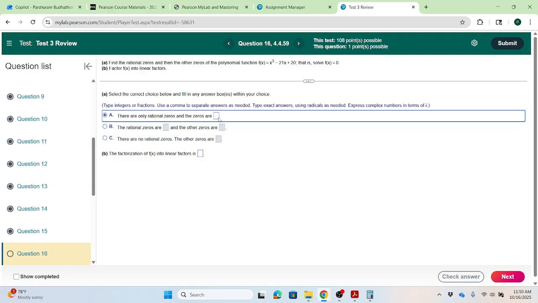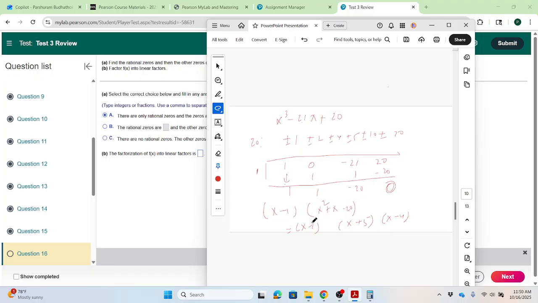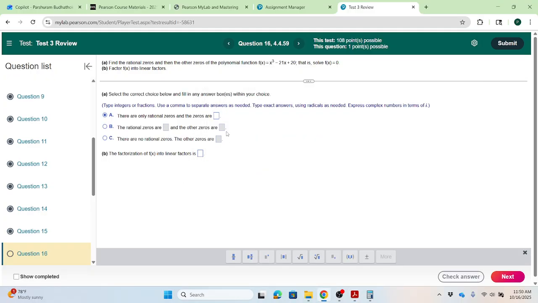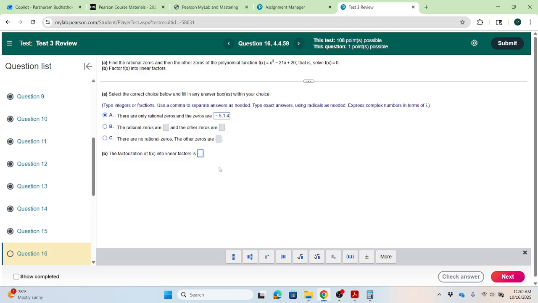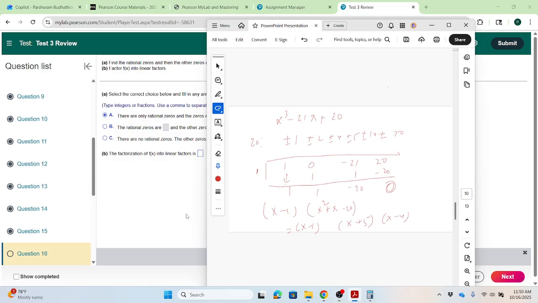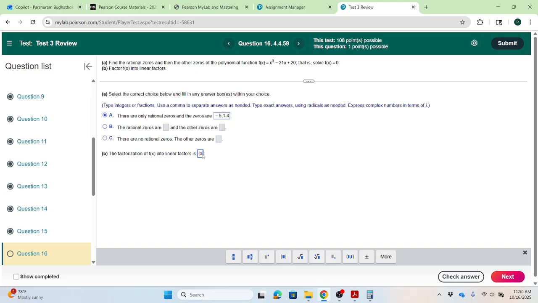There are only rational zeros, and they are these 3: negative 5, positive 1 and positive 4. Yes, these are the 3 zeros. And then the factorization of f of x, which is what they are asking: x minus 1, x plus 5 and x minus 4. Let me double check. x minus 4, yes.